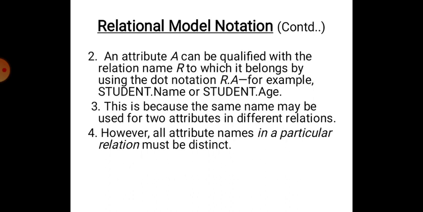When you say STUDENT.Name, the name belongs to relation student, or STUDENT.Age, age is an attribute of relation student. Point number 4. However, all attribute names in a particular relation must be distinct. So it is very clear, all the attributes of any relation should be distinct, because all the column headings should be different from each other, so that there is no confusion.